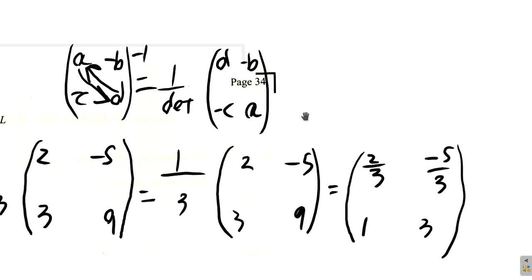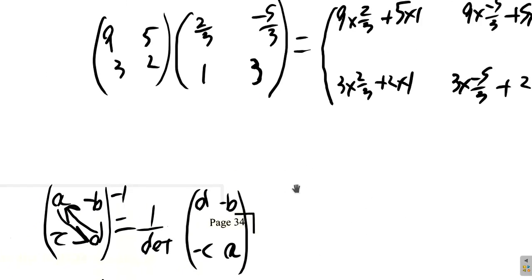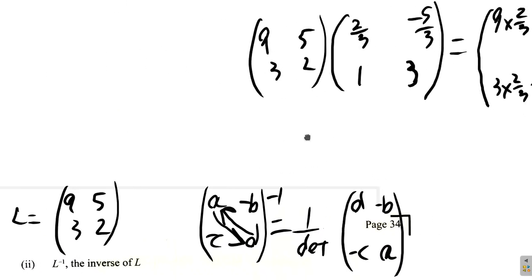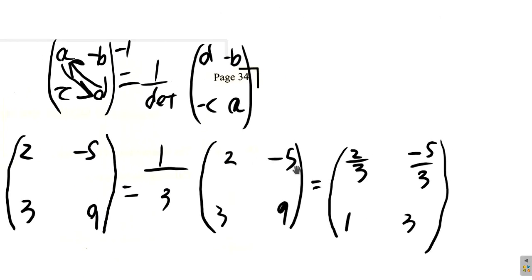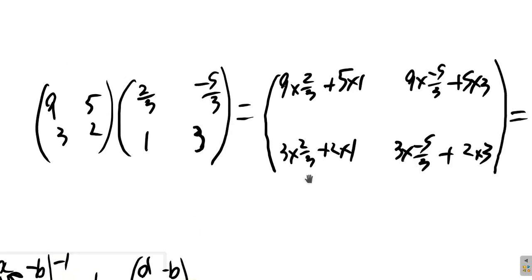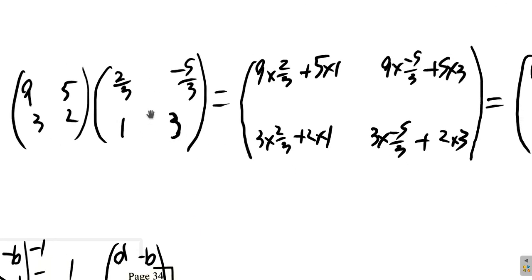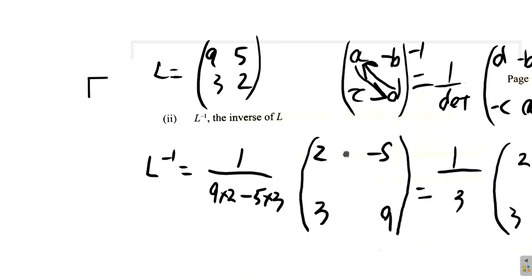So what do you have again? 9 5 3 2 times, and then you have, just checking to make sure everything is okay, 3. So this, 9 by this plus 5 by this. Alright, so let's check everything.